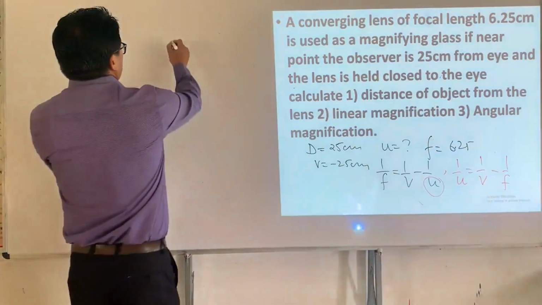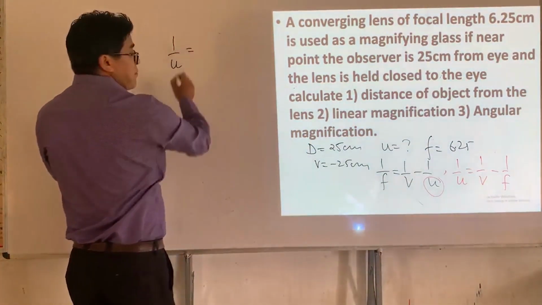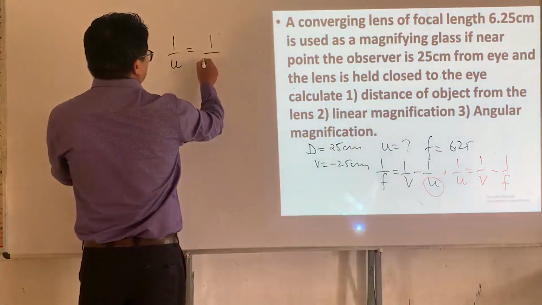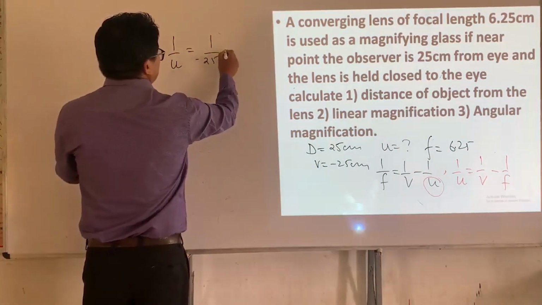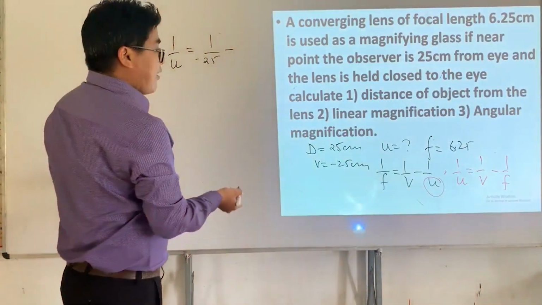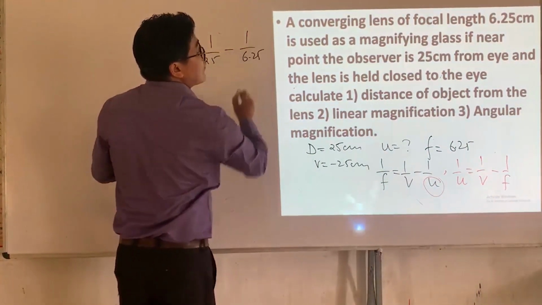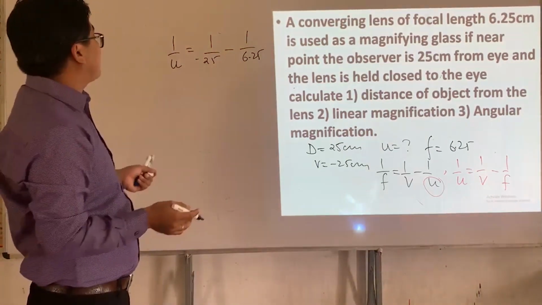Now, I will use here 1 by u. What is v? 1 by minus 25 minus what is f? f is 1 by 6.25. Okay, everything is in centimeters.